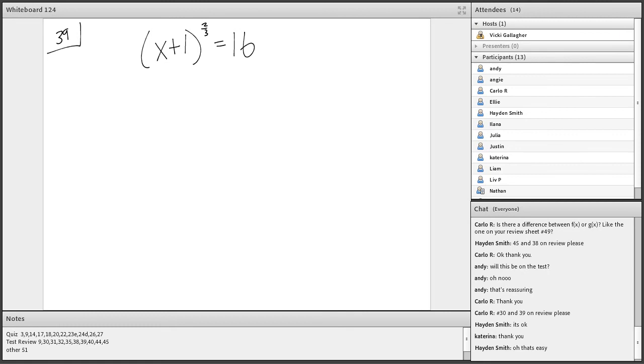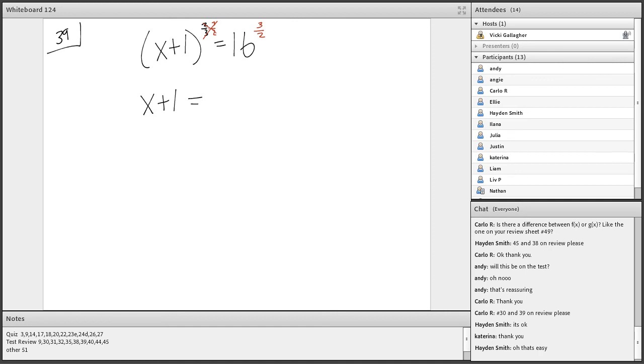All right. So when you have a fractional exponent in an equation like this, to get rid of it, you're going to multiply by the reciprocal. The reciprocal is when you flip it upside down. So I'm going to make it a 3 over 2. I'm going to put it on the other side also as an exponent 3 over 2. And on the left-hand side, those are going to cancel, leaving me with x plus 1. And on the right-hand side, I'm going to change this to radical form.